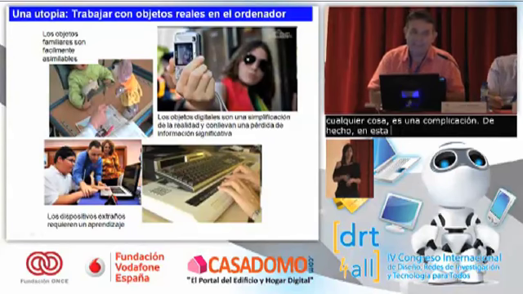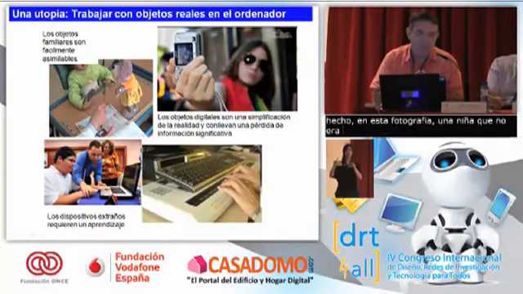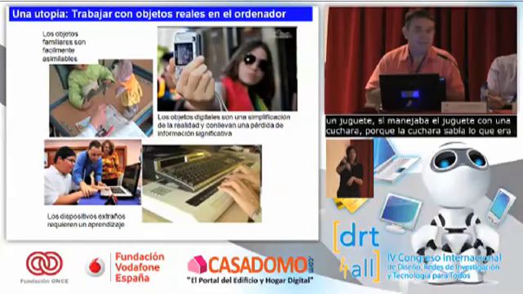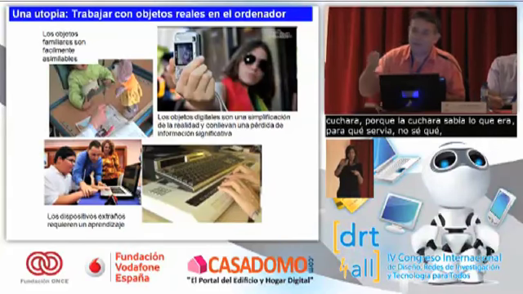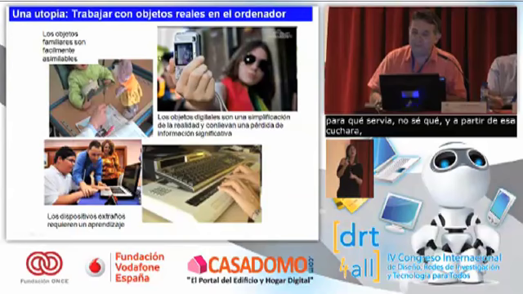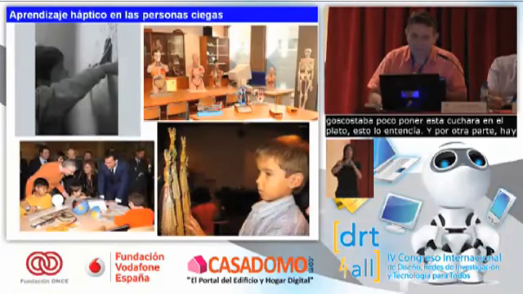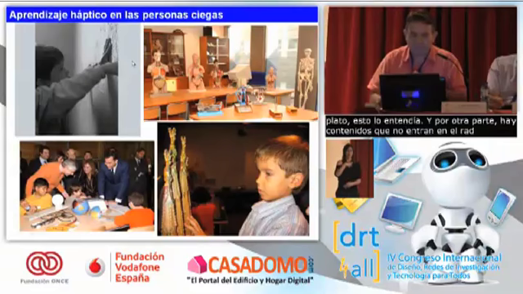In fact, in this picture, a child that was not able to use a push button to work with the toy could use the toy as if it was a spoon, and because he knew how to use a spoon, he understood this. And also the most important thing is that there is certain content that does not fit in the computer. It cannot be put in the computer.